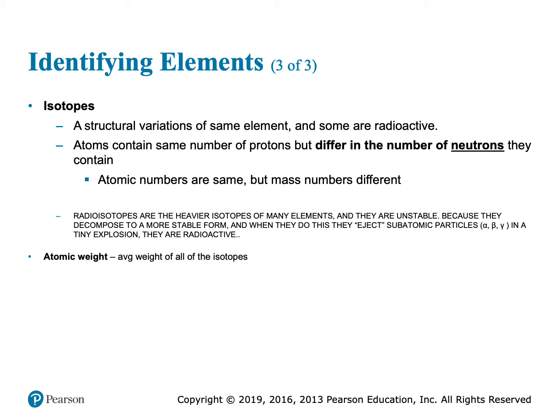So instead of C12, 12 being 6 protons, 6 neutrons, this is a weirdo. This guy has 8 neutrons. 6 plus 8 is 14. Carbon 14. Okie dokie. I'm going to show you a picture in a minute. It's still carbon, but it's an isotope of carbon because we've changed the number of neutrons, so the mass number just changed. Okay?